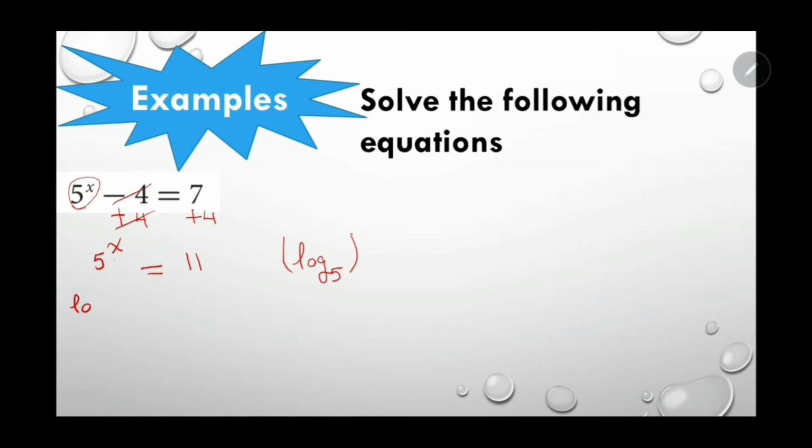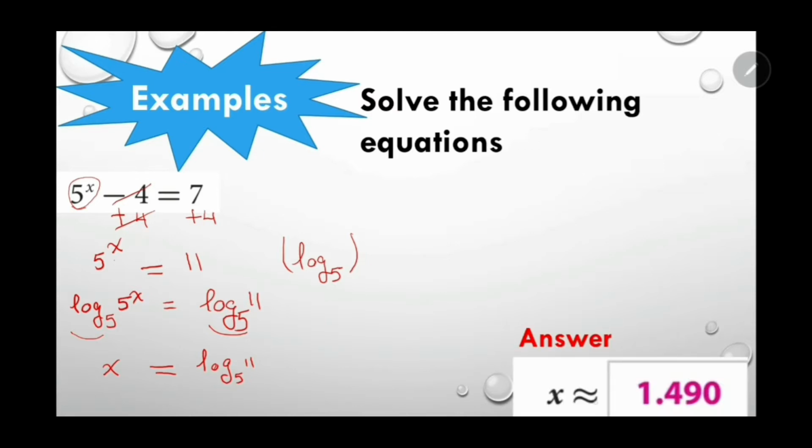Why is that? Because log base 5 of 5 power x equals log base 5 of 11 on the right-hand side. By the rule, if we have the number 5 here and 5 in the base, this will give us the x, the exponent, equals log 11 base 5. Then you can use the calculator to find the result.